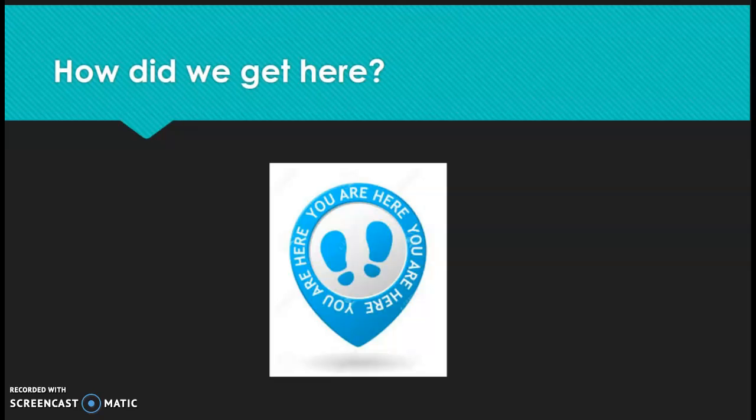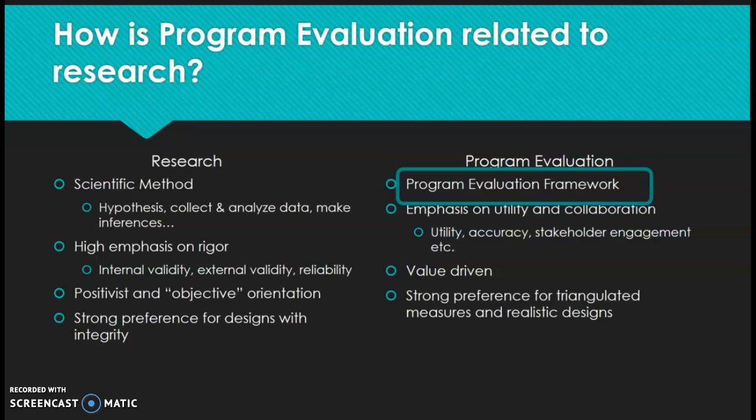So we started this course with a review, or an exploration, if you will, of how program evaluation is related to research. And we talked about standard research, that bench science, psychological testing sort of research, which is focused on the scientific method with a high emphasis on rigor and a positivist orientation.